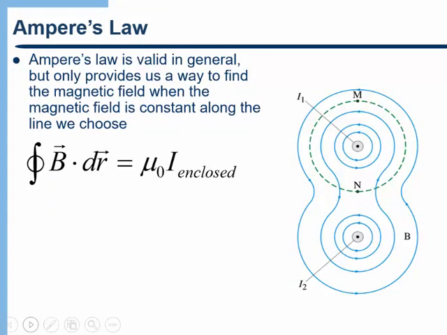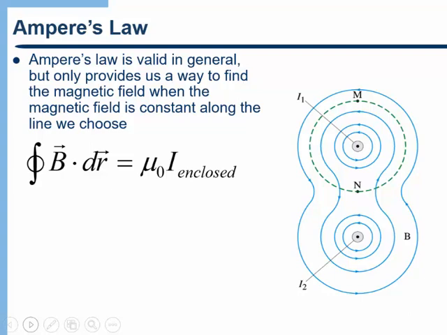So, just like Gauss's law for electricity, Ampere's law is valid always, but it's only useful to find the magnetic field if we can find a path over which the magnetic field is constant.